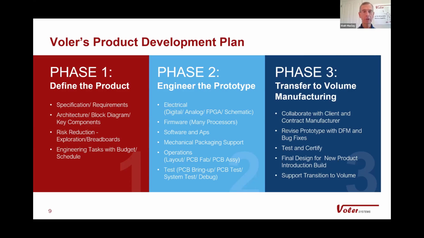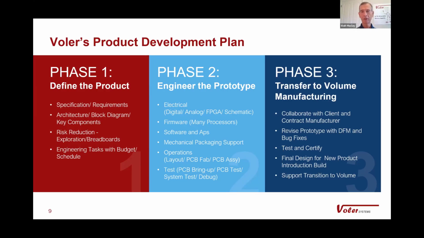Phase two is the bulk of it, where we actually do the design, electrical, firmware, software. We use partners to help with mechanical and end up with a prototype. And then phase three is transfer to manufacturing, which is another key area that is often neglected. Once you have a schematic and a layout, you're not done.